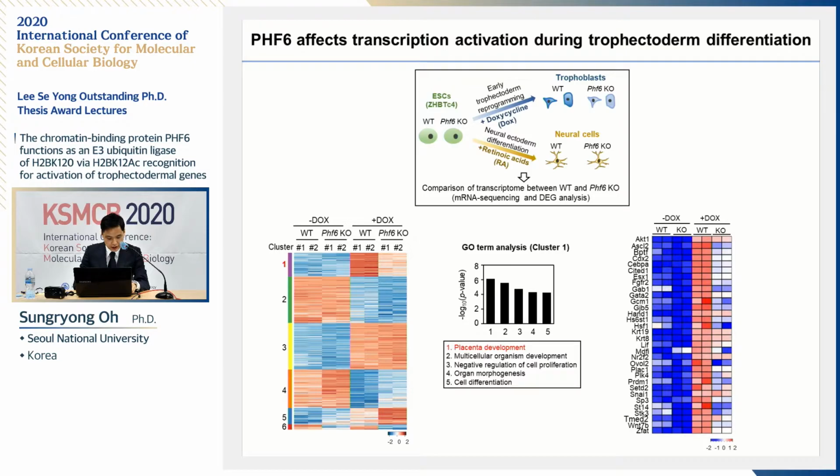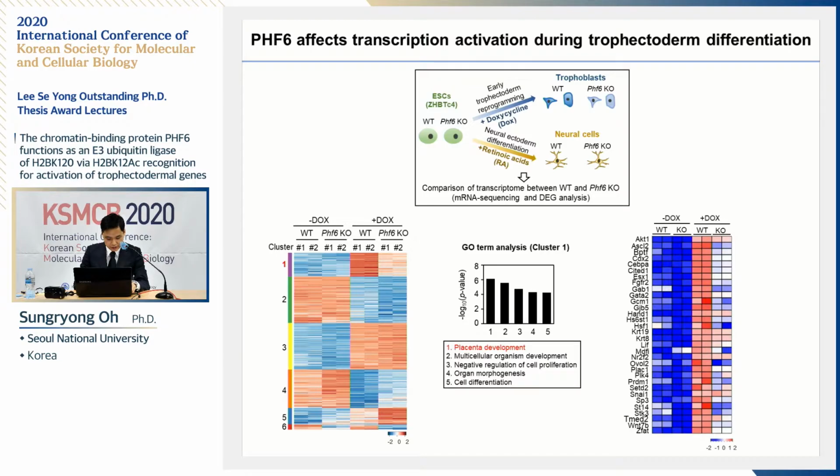I treated two kinds of chemicals to induce differentiation of embryonic stem cells into different lineages and compared the difference in the transcriptome between wild-type and PHF6 knockout through mRNA sequencing. As a result, I found that only doxycycline-dependently induced genes were not sufficiently expressed in PHF6 knockout cells.